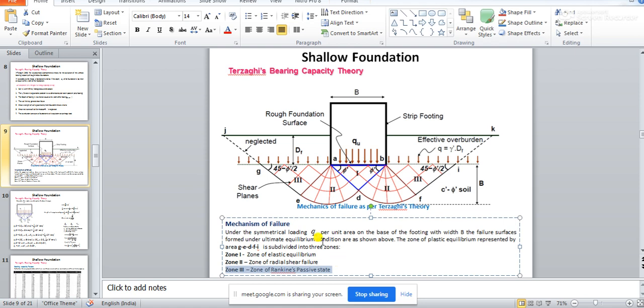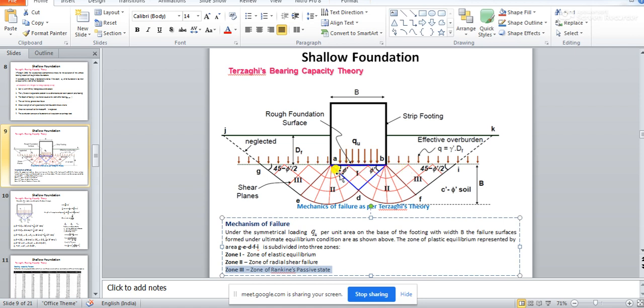And here you should see very carefully. According to this theory, if the angle of internal friction of soil is phi, then this wedge attached below the base of the footing, that is zone 1, the zone of elastic equilibrium, is making an angle of phi with the horizontal, that is the base of the footing.